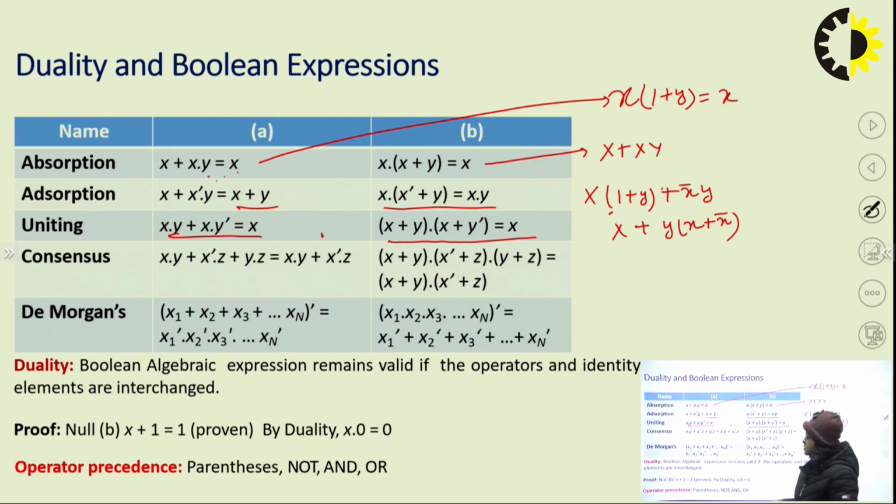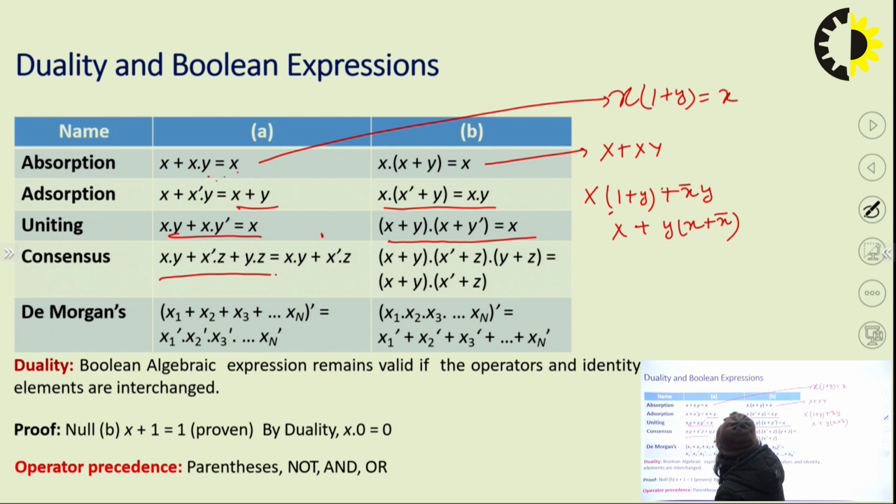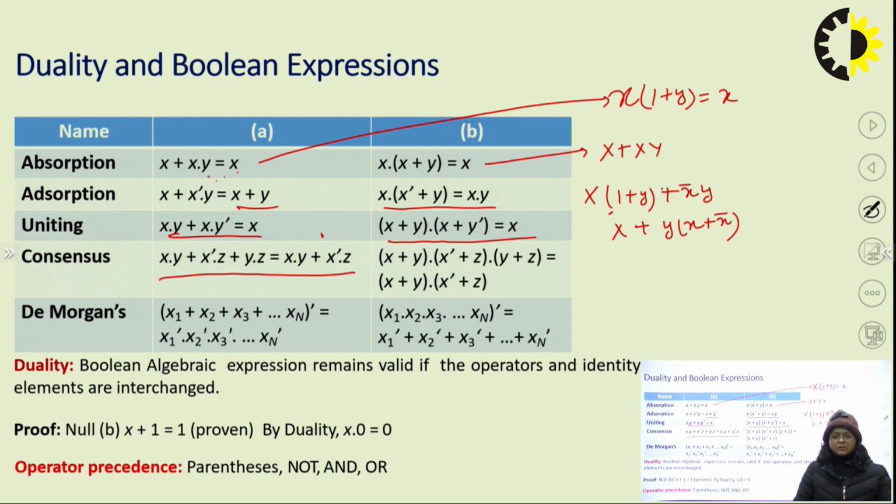Moving towards the consensus theorem, if we write xy plus x bar z plus yz, it comes out to be xy plus x bar z. To derive this, we simply multiply yz with x plus x bar.